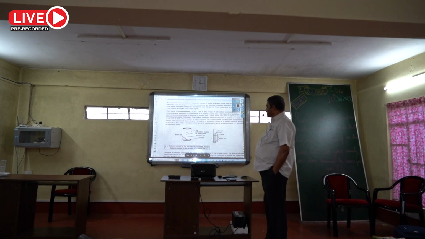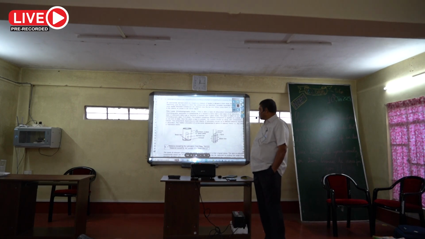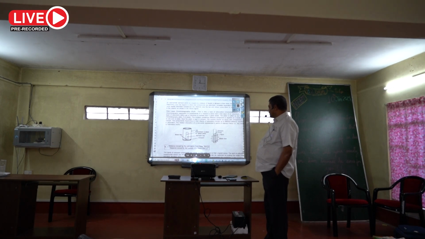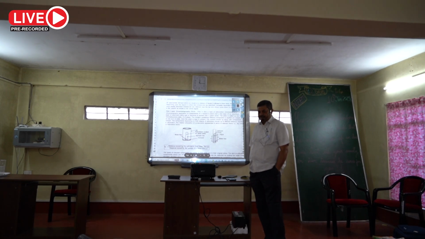Now, a sample containing a mixture of components is placed as a dot on the TLC plate, on the baseline.